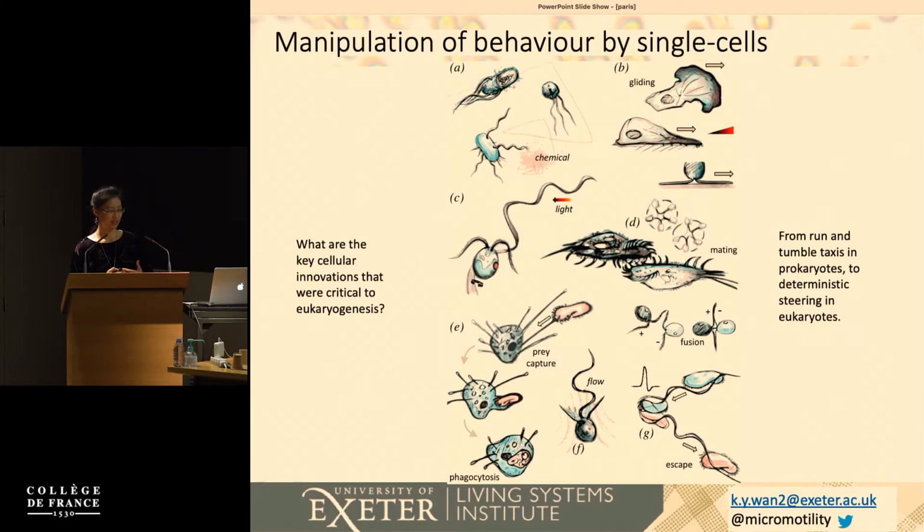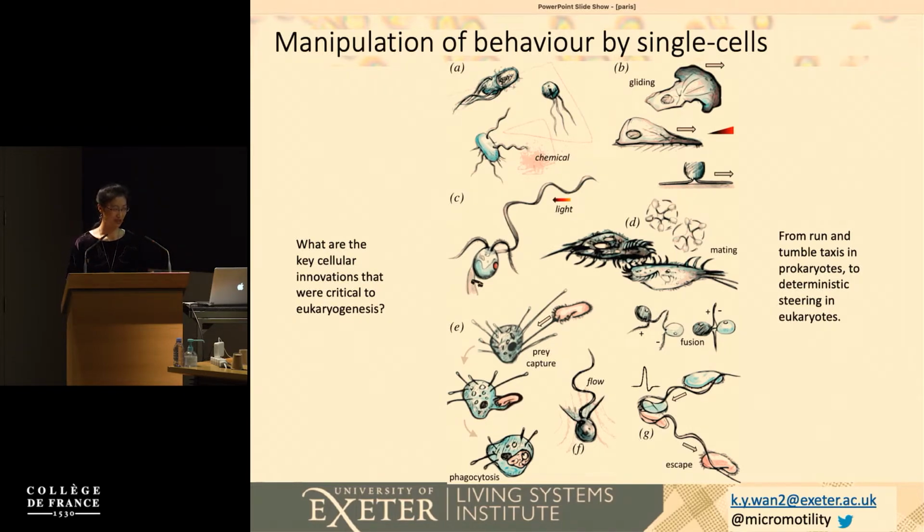But then if you really zoom out and look at the tree of life, you'll find that different single-cell protists, and things that I'm sure we'll hear about from Manu later, are capable of really quite complex sequences of activity.